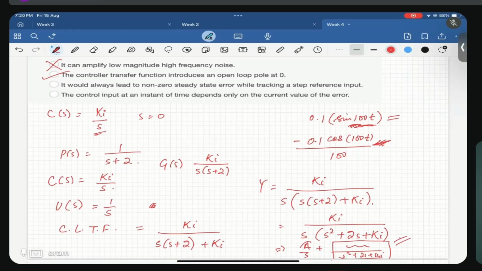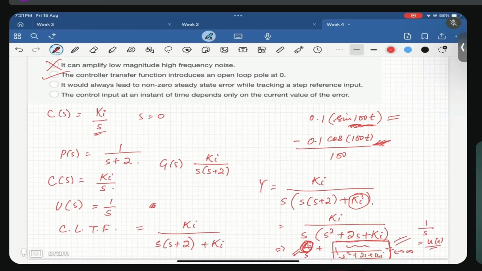So at t tends to infinity, this term can go to 0. And what about the first term? It will be just u(t) multiplied with some factor, but we have this ki in our hand, and we can design it as per our desire, so this coefficient in the numerator can be 1, and 1 by s will give u(t). So as t goes to infinity, the other term goes to 0 and we are left with u(t) only.